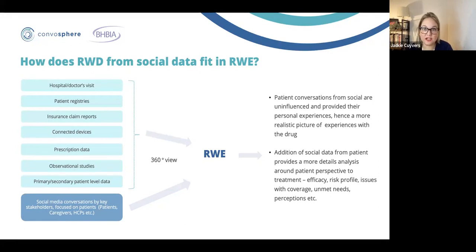However, this online conversational data does share that language, share the experience, and their perceptions.